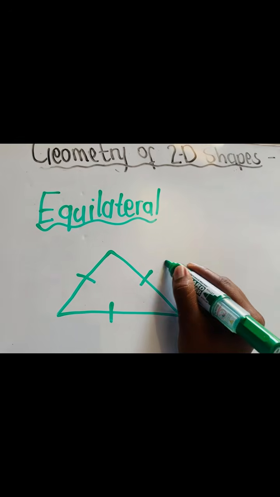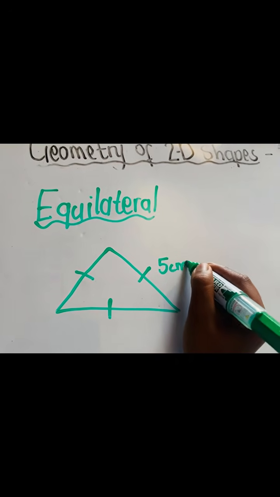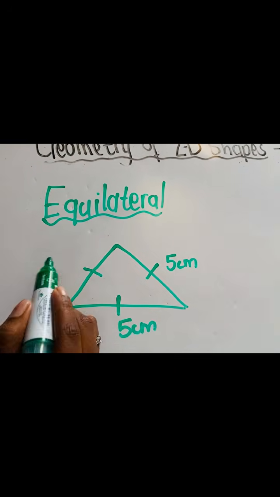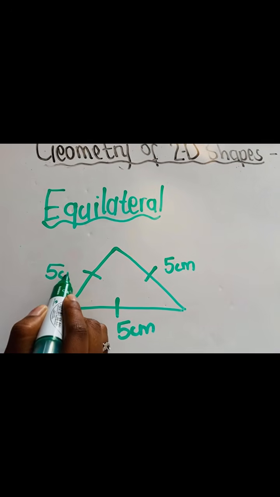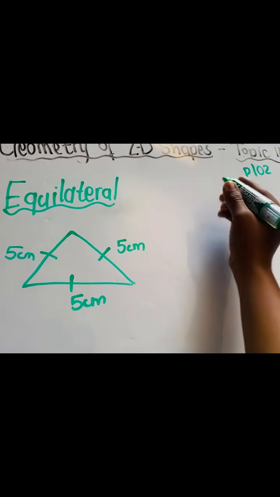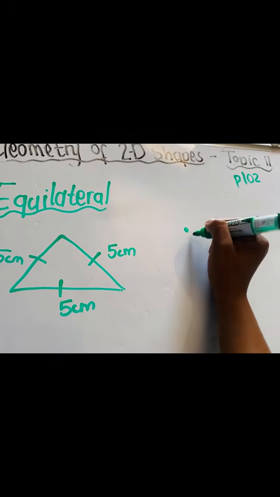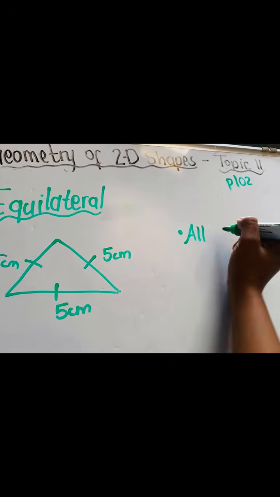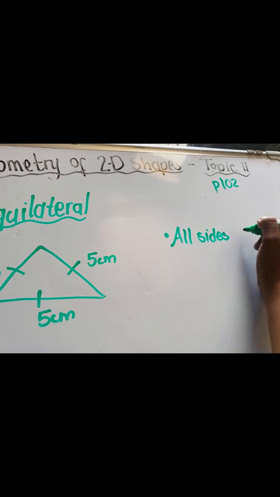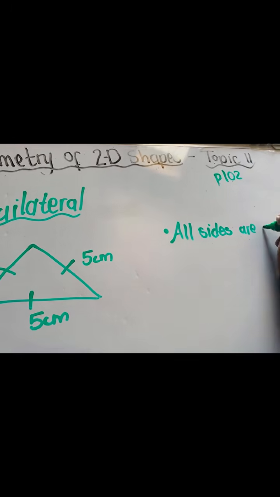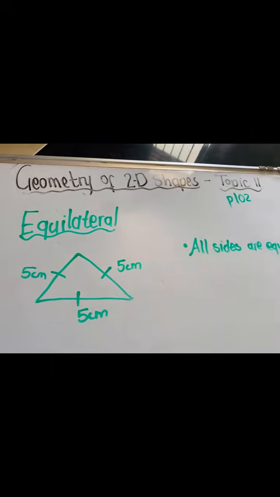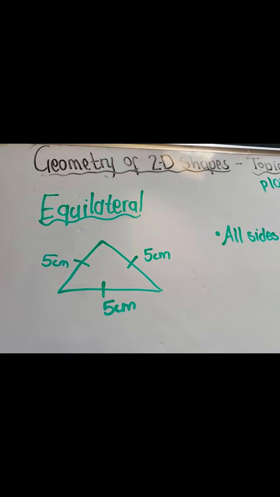So if this side is 5 centimeters, this one is also going to be 5 centimeters, and also this one is going to be 5 centimeters. So in terms of sides, our property is all sides are equal. All sides are equal, and that's the property of an equilateral triangle.